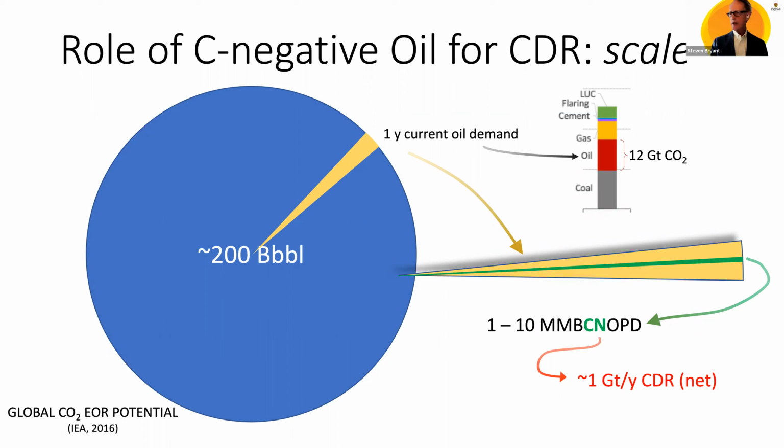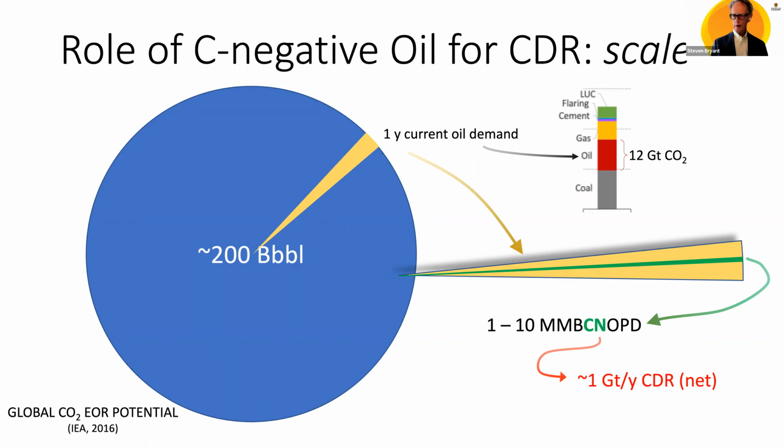So depending on how you run it, and we'll look at an example in a moment, if we were to produce somewhere in the range of 1 to 10 million barrels a day of carbon negative crude oil, that would enable us to also remove a gigaton a year of CO2 from the atmosphere. And that is net. That's the process we've been talking about. So you'd be using that carbon negative crude oil in exactly the same way we've been using oil for these many decades.